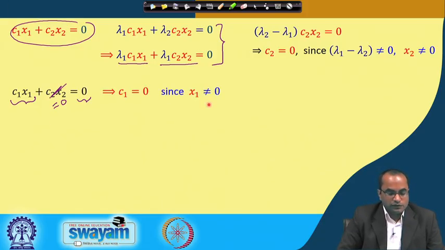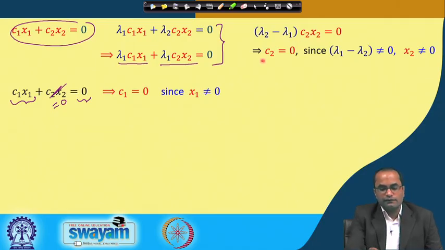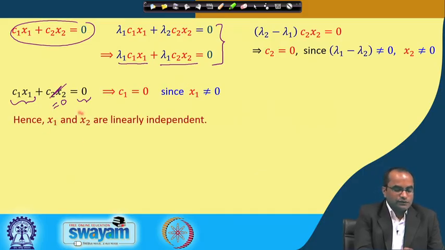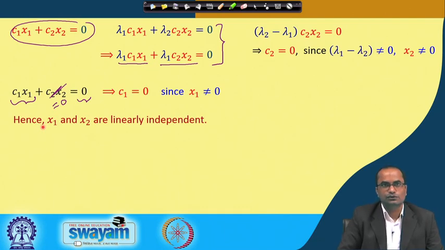So, with this we have C 1 equal to 0 and C 2 equal to 0, and that was the aim: to show that the linear combination C 1 x 1 plus C 2 x 2 equal to 0 is possible only when C 1 is 0 and C 2 is 0, meaning that these eigenvectors x 1 and x 2 are linearly independent.